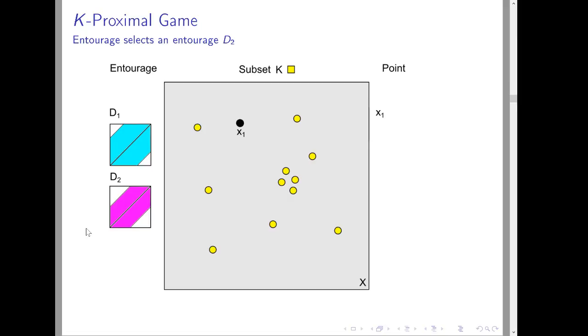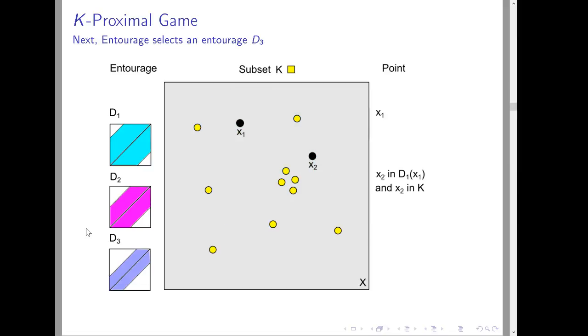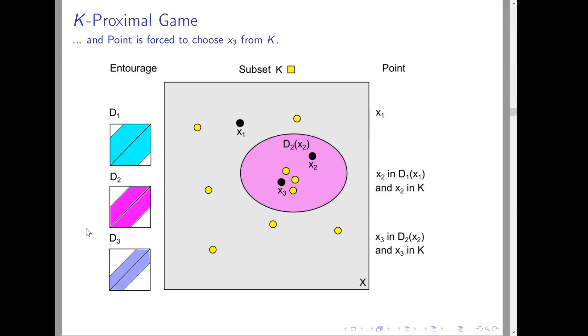Entourage moves again, chooses a D2. So the rules are the same here. Point is still stuck in the D1 ball about X1, but he has to choose a yellow point that's in the blue circle. So maybe he chooses that one over there. And so on. Entourage chooses D3, and then point is stuck in the D2 ball about X2, but also stuck in K. So he has to choose something maybe like that.